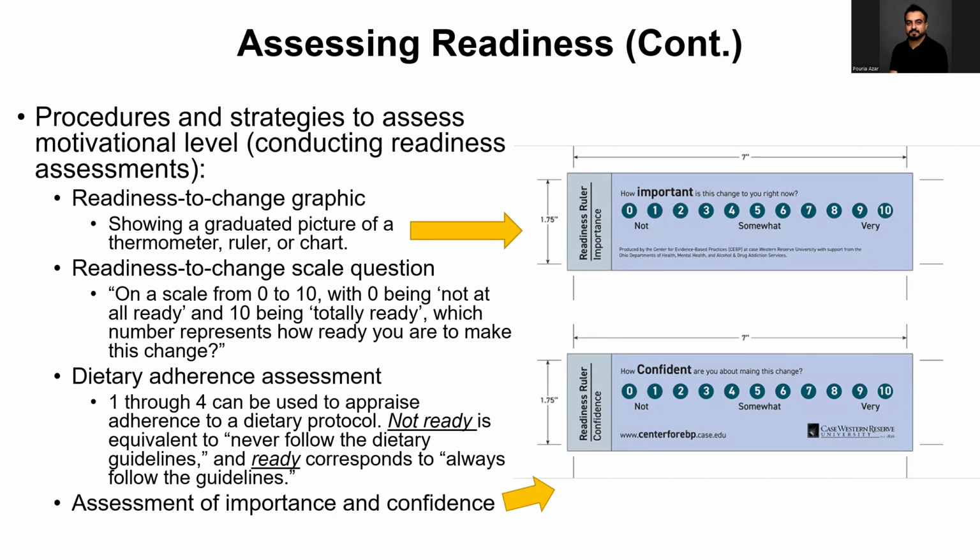And we have the readiness to change graphic, which we can see here. We can show a graduated picture of a thermometer, ruler, or chart. So we can ask, how important is this change to you right now, from zero to 10?